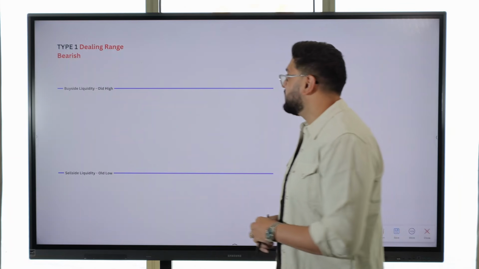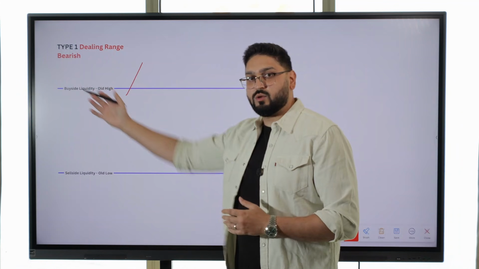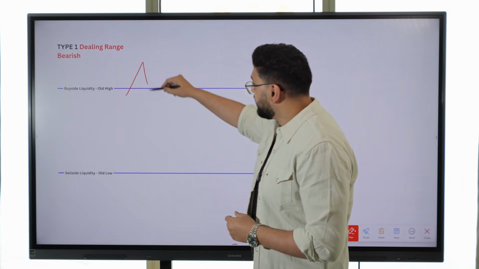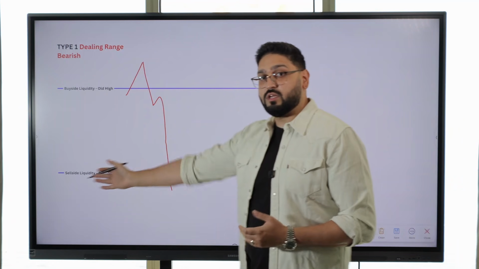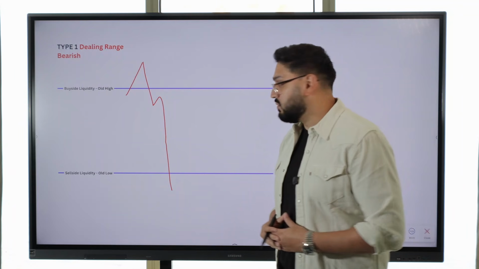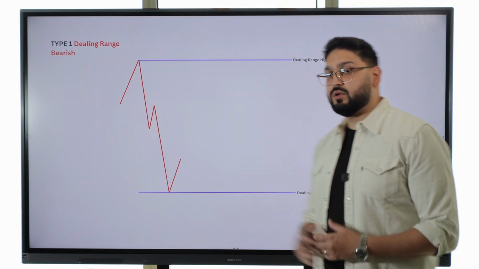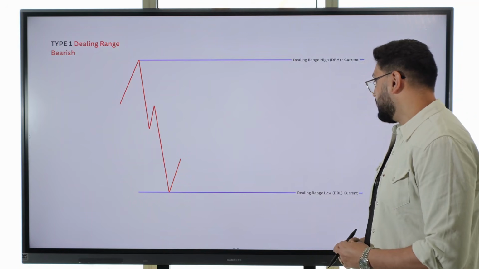The first condition is we want to see price raid buy-side liquidity above an old high. We then want to see the market reverse and drop lower, sweeping liquidity below an old low. When a swing low forms after this, this gives us our new dealing range from our high down to our dealing range low.